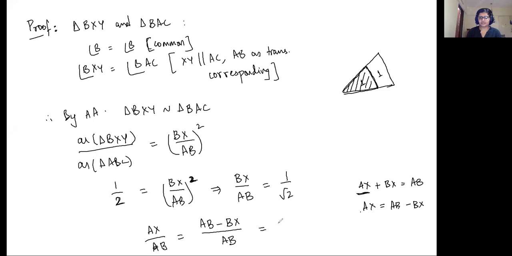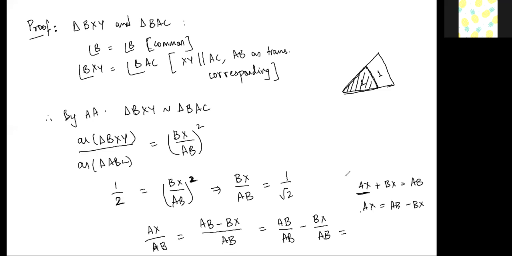To split this fraction, I can write it as AB upon AB minus BX upon AB. So AB upon AB is how much? 1. Minus BX upon AB, how much is that? 1 by root 2. Yeah, so this is your final answer: AX upon AB is equal to 1 minus 1 by root 2, or root 2 minus 1 upon root 2.